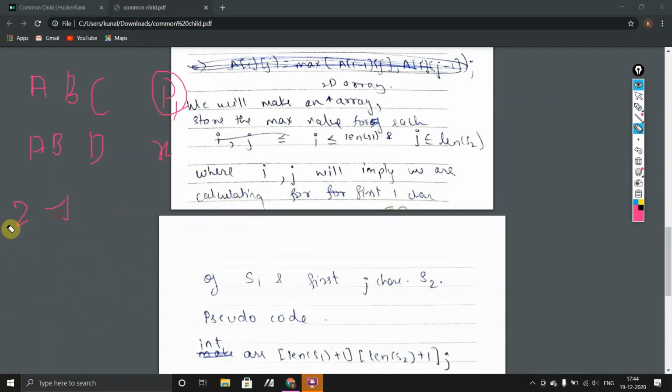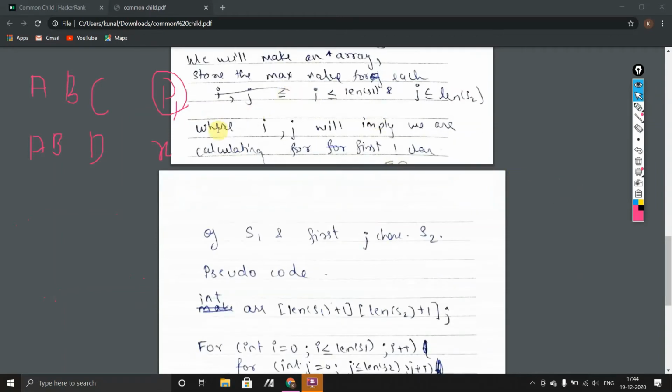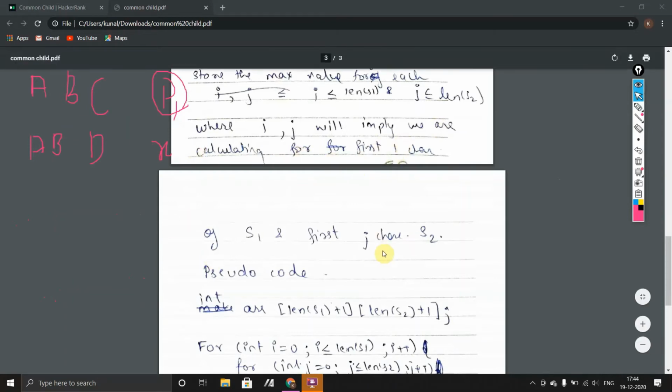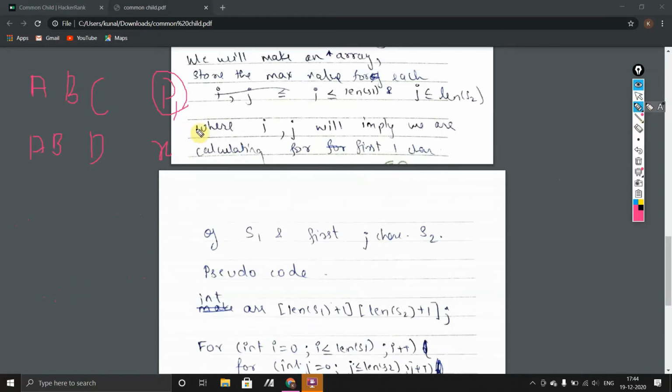And simply array of i of j, where i and j imply that we are calculating for the first i characters of S1 and the first j characters of S2. That means if here the length is 4 and 4, there will be a total of 5 columns and 5 rows, right?